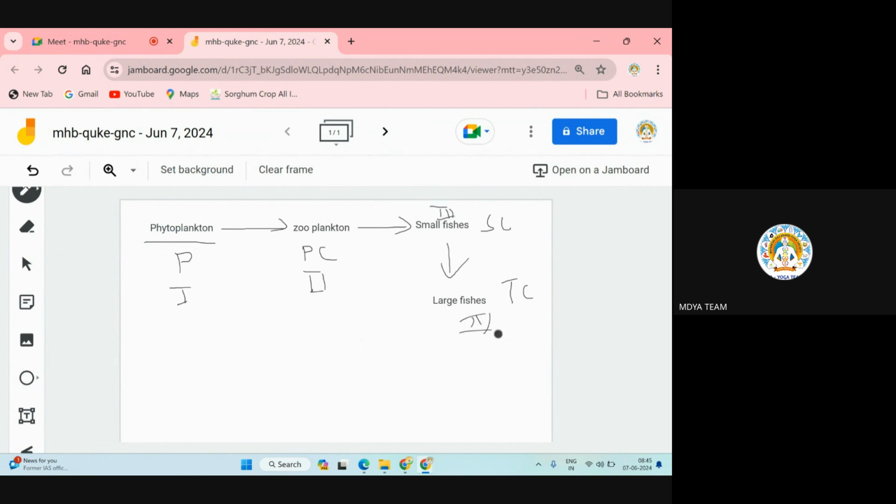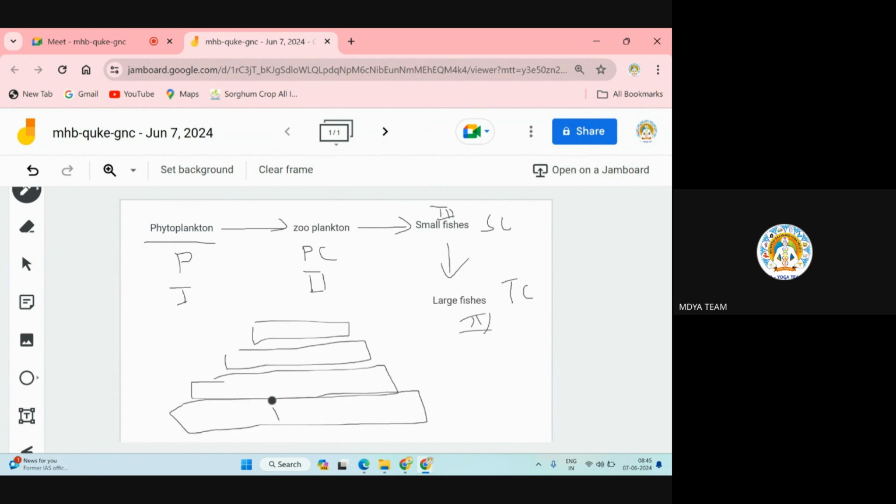So if we draw with the help of trophic level, it will be like this. First trophic level, second trophic level, third trophic level, and fourth trophic level. So phytoplankton, zooplankton, small fishes, large fishes, we can explain it like this.